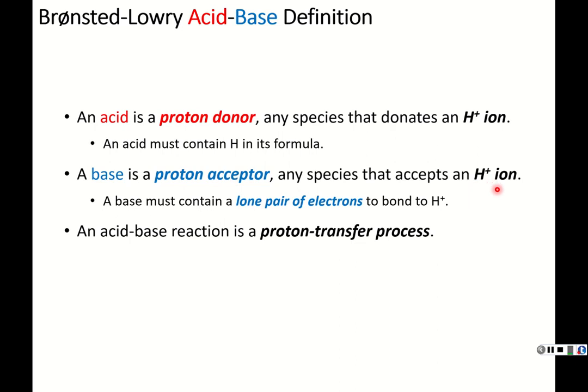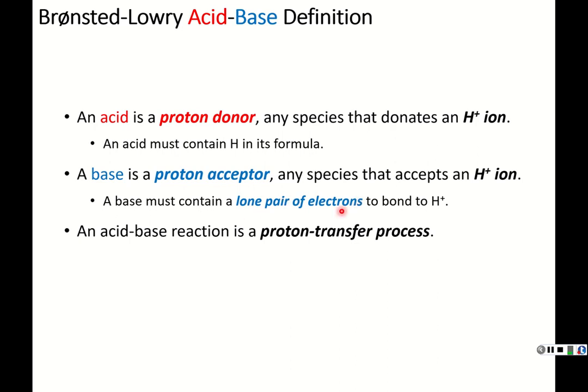This expands the definition of what a base is, because a base in the Arrhenius definition had to have an OH in the formula. This doesn't have that. All the Bronsted-Lowry definition states is that a base needs to be able to accept a proton, and to do that it has to have a lone pair of electrons.